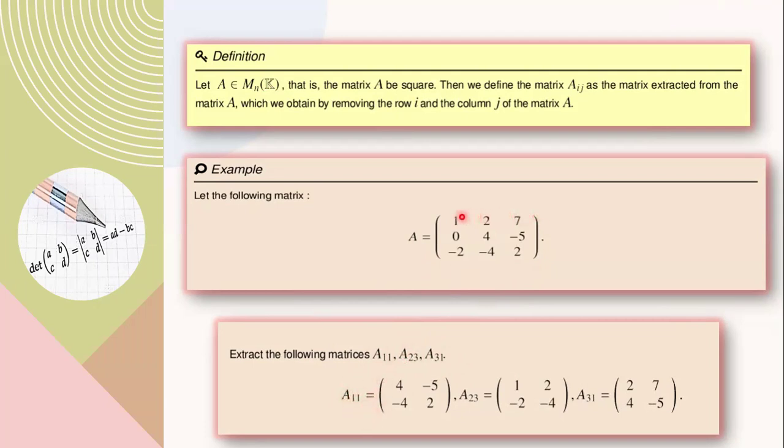We remove the first line and the first column. The rest, which is 4, minus 5, minus 4, 2, is the extracted matrix. Secondly, A23. Here we remove the second row and the third column. The rest is the extracted matrix. And finally, A31. Here we remove the third row and the first column. The rest is the extracted matrix A31 from the matrix A.